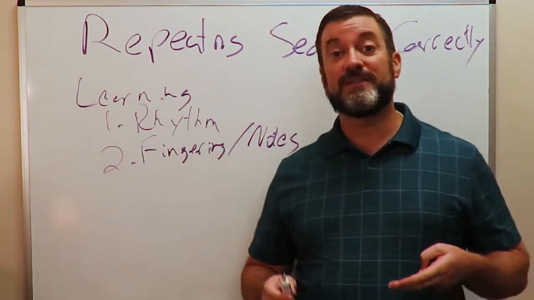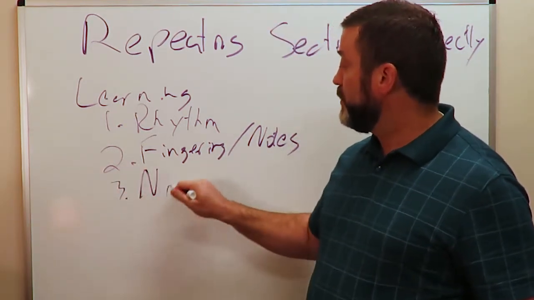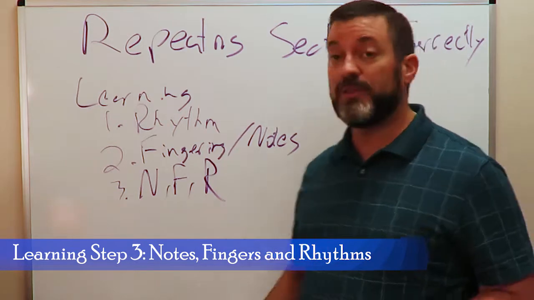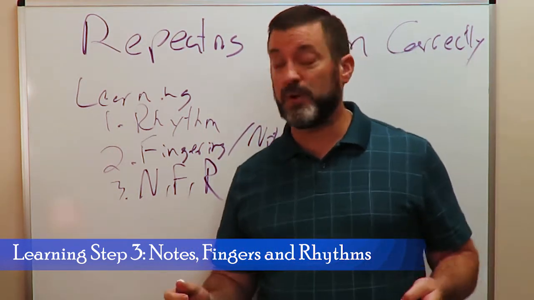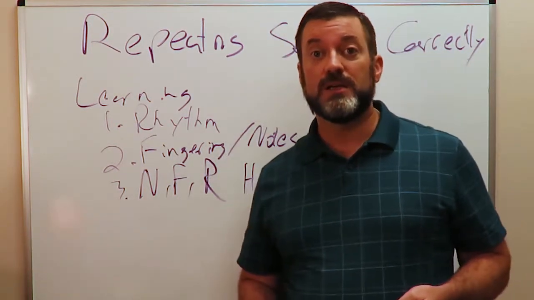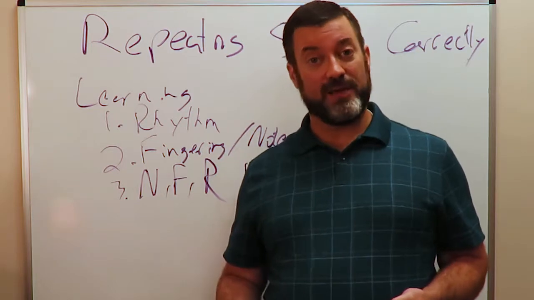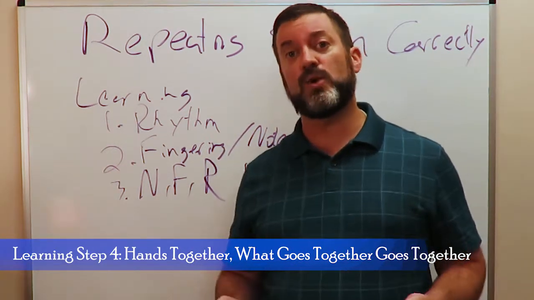Now it's a process of combining things. So the next step would be notes, fingers, and the rhythm all at once, right? Now sometimes we further break it down so it's notes, fingers, and rhythm, hands separately. And then we go to hands together, and maybe we take out the counting aspect and we just make sure we're getting the coordination right.